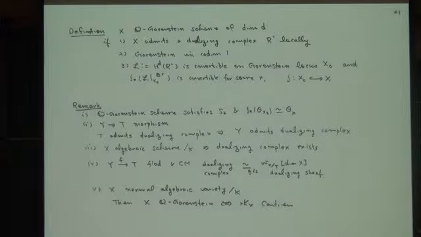So let me define what a Q-Gorenstein scheme of dimension D is. X is a Q-Gorenstein scheme of dimension D if X admits a dualizing complex locally, and the second condition is Gorenstein in codimension 1, and this h^{-D}(ω^•) from the complex is invertible on the Gorenstein locus, and this is invertible for some r. So these are related with Q-Gorenstein.